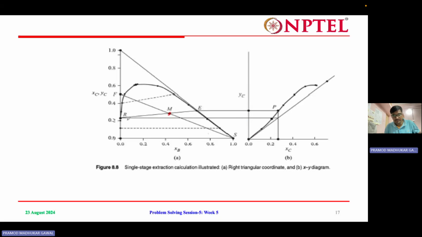So that's the raffinate phase, and the upper curve. So you get the mole fraction composition of the extract phase. So R value is 0.236 and E is 0.302, right?